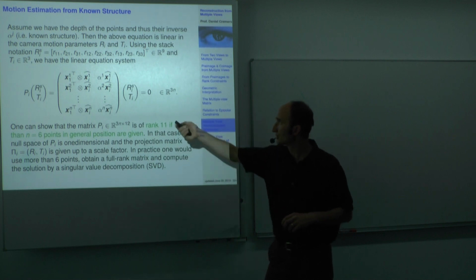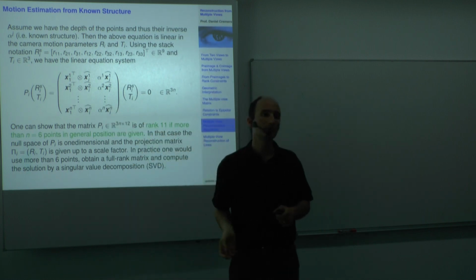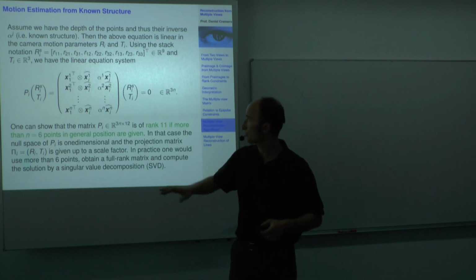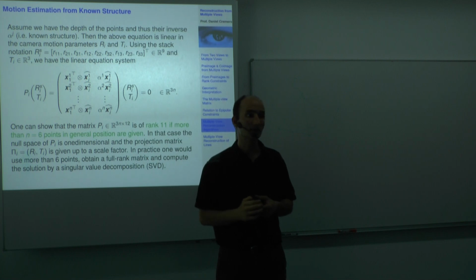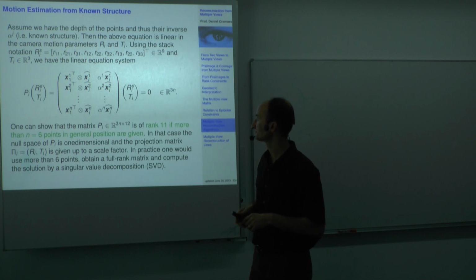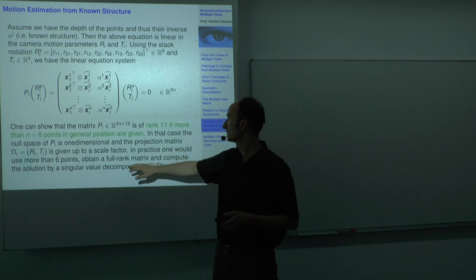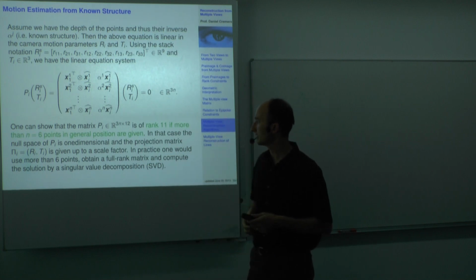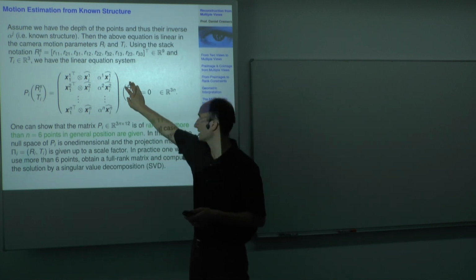And then we can compute the solution very much like in the 8-point algorithm. We take the matrix, we compute the singular value decomposition, and we say that the solution is the vector associated with the smallest singular value. So we follow very much along the lines of the 8-point algorithm and of the 2-view setting: use singular value decomposition to compute the solution for the camera transformation.